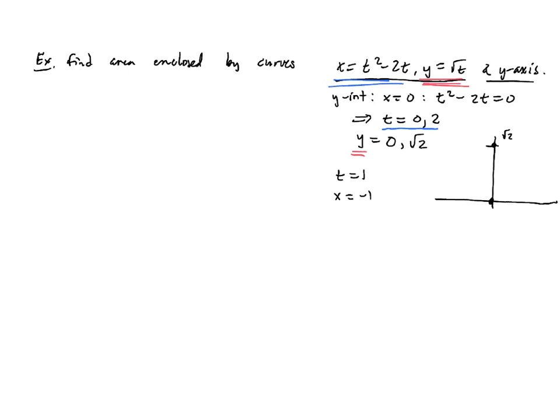And I get, using my y value, that y equals the square root of 1, which is 1. Remember that t is my parameter, and I'm using t equals 1 here. And so that means that this extra point in the middle corresponds to a point that's to the left of the y-axis, and my curve is somehow traced out in this direction.